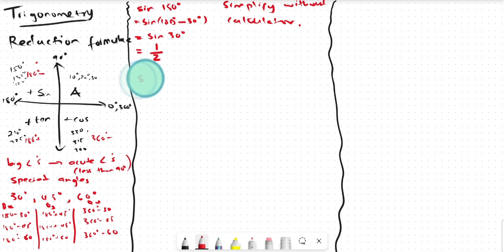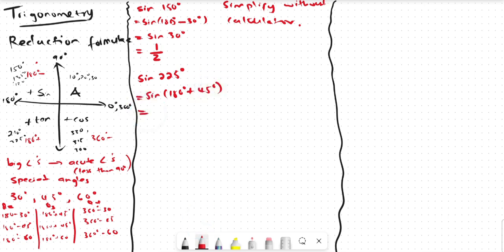Let's say we have sine 225 degrees. Then how will I change it? It's going to be 180 plus. So I'm going to have sine of 180 degrees plus, but will it be plus 30, plus 45, or plus 60? For me to get 225, it must be 180 degrees plus 45.